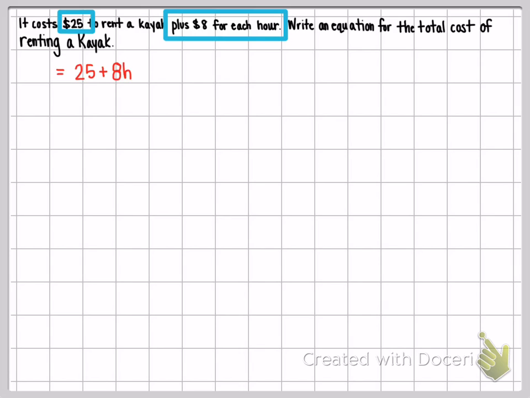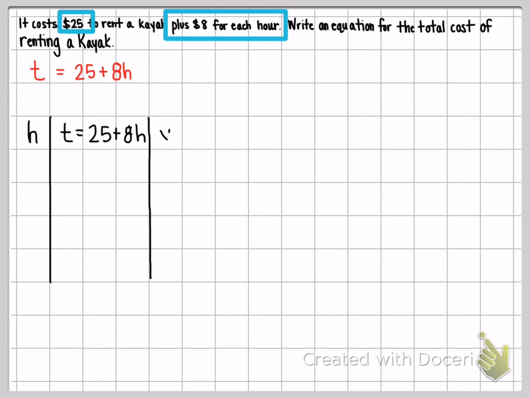This will equal the total price that you're going to pay for renting the kayak. So if we're going to make a table for this, we know that we're plugging in for h. H is the number of hours. We're plugging that into T equals 25 plus 8h.